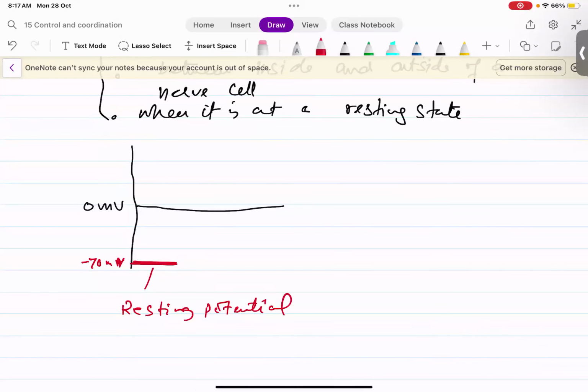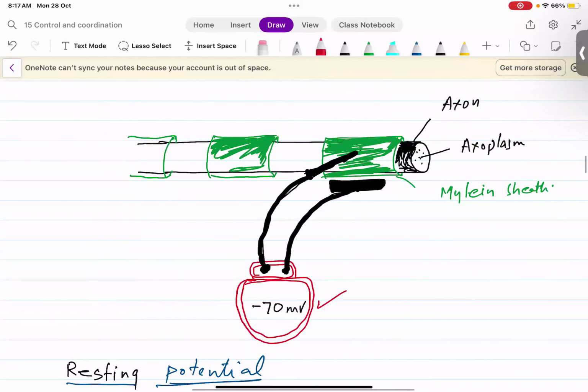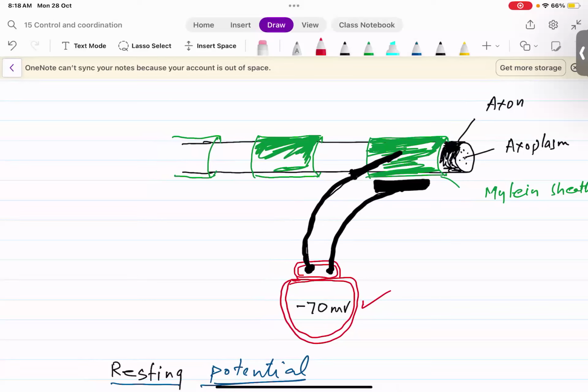Now the question is how this resting potential, this potential difference between inside and outside of a nerve cell, is maintained. The inside is negatively charged and the outside is positively charged.